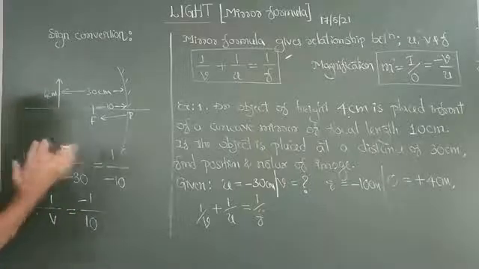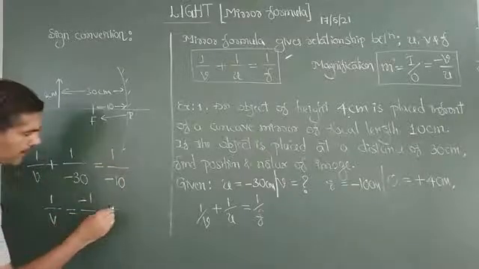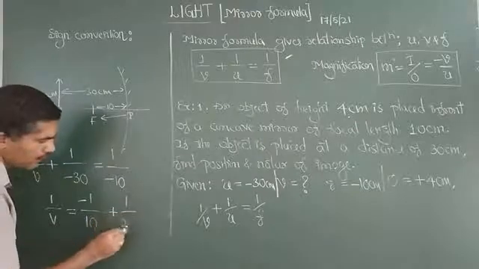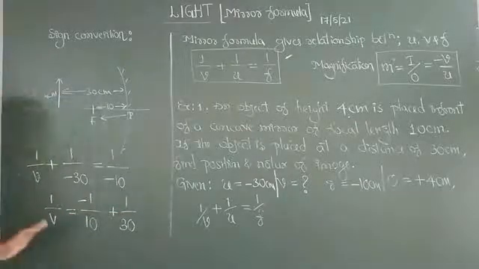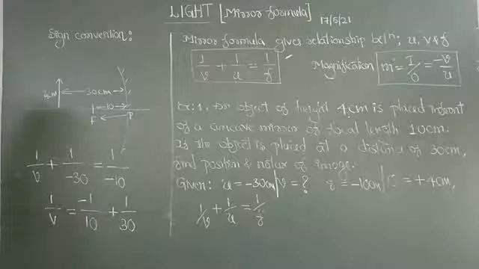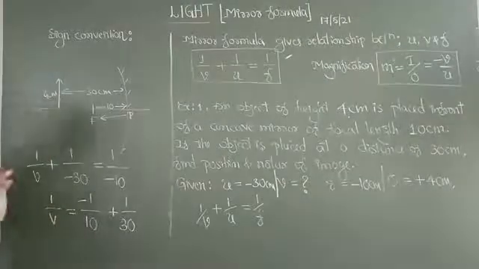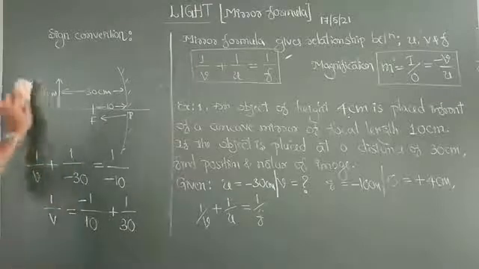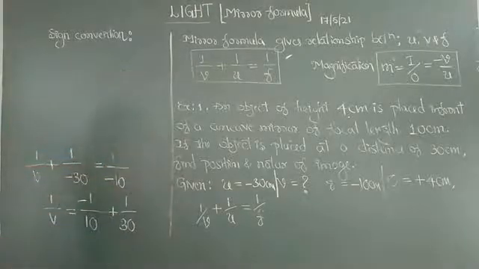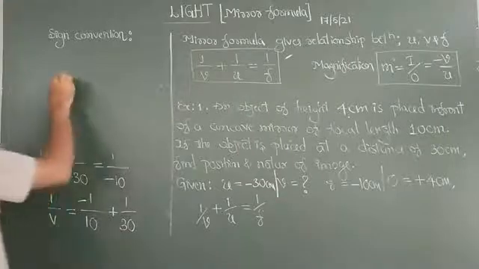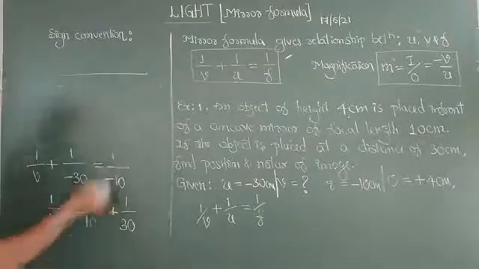I am carrying this aside. Minus becomes plus 1 by 5. Then I try to find the LCM. LCM finding I can do either by rough method or actual method. Rough method, you know, by cross multiplication. Otherwise 30 is the LCM.